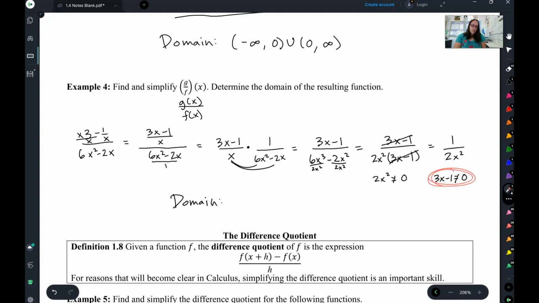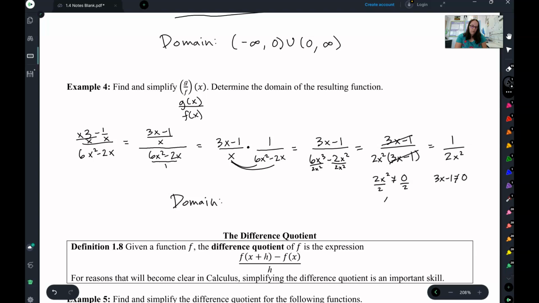Even though this one totally disappears because it cancels out, it's still included in our domain because it was once in the denominator. So that means it still cannot be there. It creates a hole, which I said we'll talk about more later.